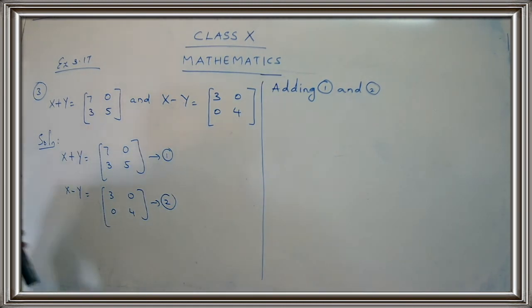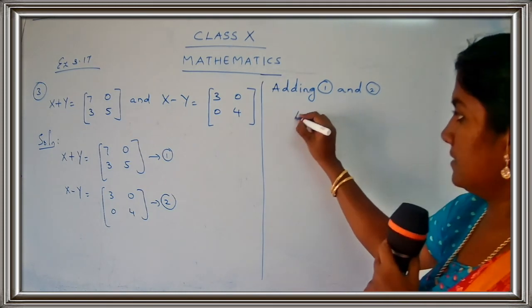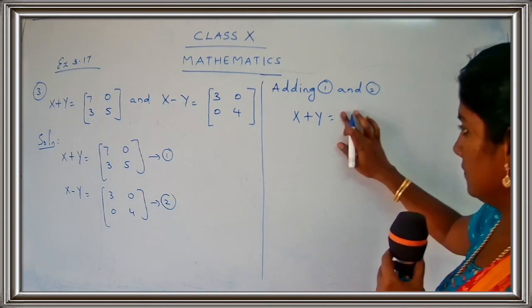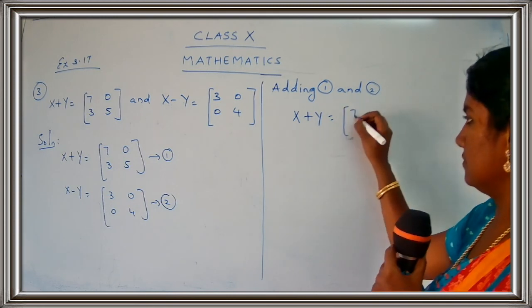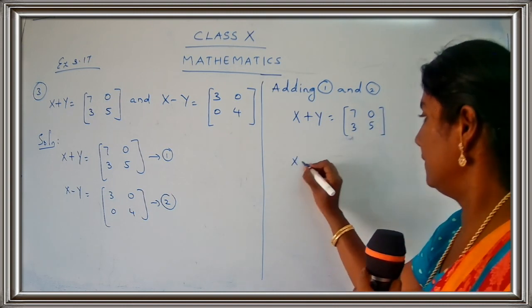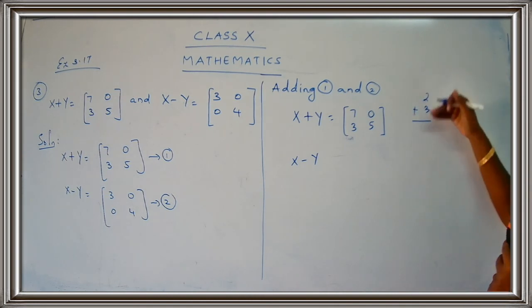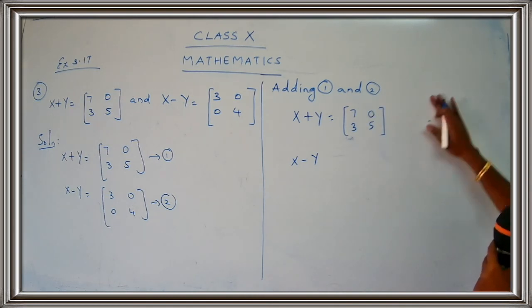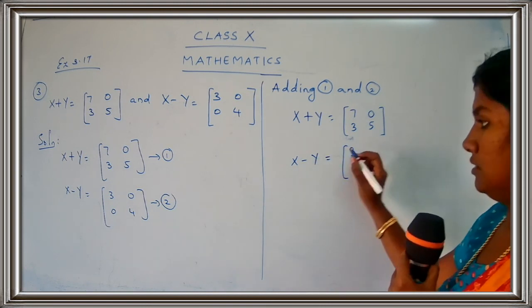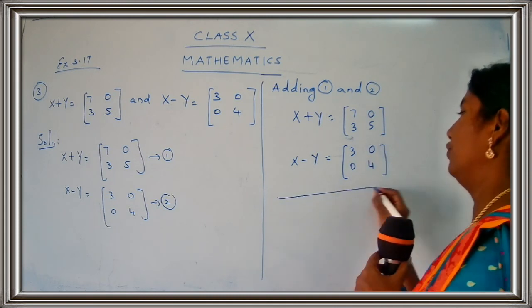See here how to write this. X plus y is equal to 7035, and write below it x minus y, like when we add the numbers 2 plus 3, yes children. We write one below the other, in the same manner you have to write one below the other. So x minus y is equal to 3004.